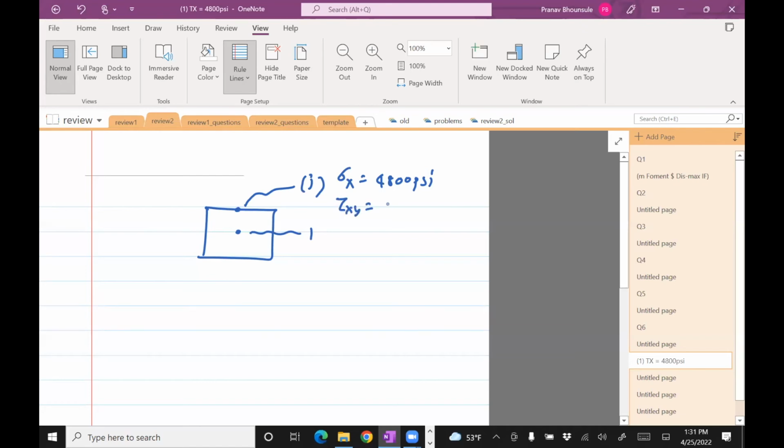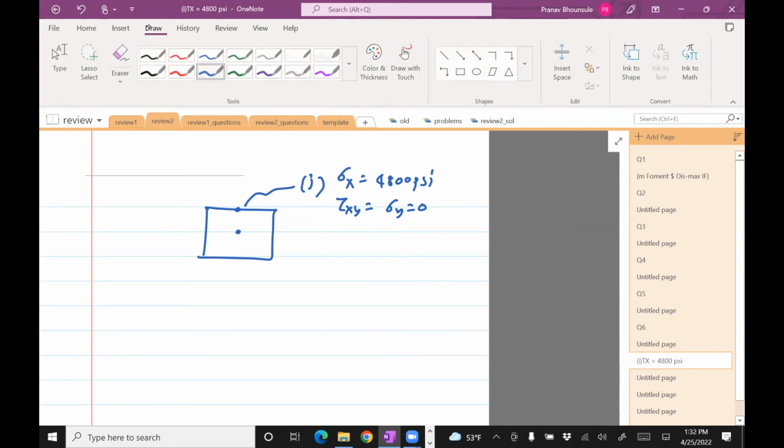So tau xy is 0. And for the middle one, sigma x is 0 because that's the neutral axis, and then tau xy is 600 psi. Maybe a bad choice of color, it can be different. So this is 2. We have sigma x equals 0 and tau xy equals 600 psi.